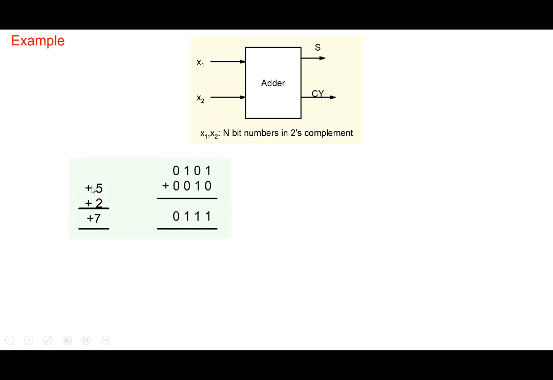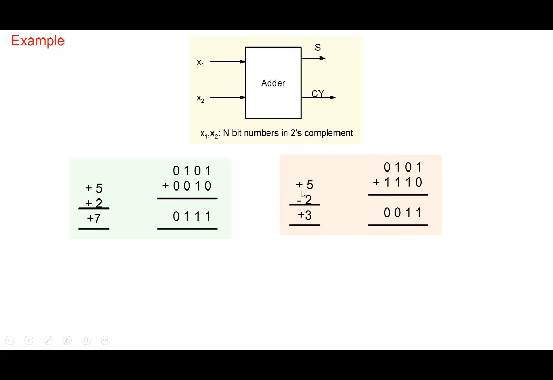Suppose you want to do +5 and +2 here. So note that to represent 5 and 2, you actually need 3 bits, but we've added another sign bit here. Right, so +5 and +2, so you know the answers that are there here. So both of them are represented in twos complement form. So in a twos complement form, a plus number is 0 and then 101, so it's represented as a normal number here.